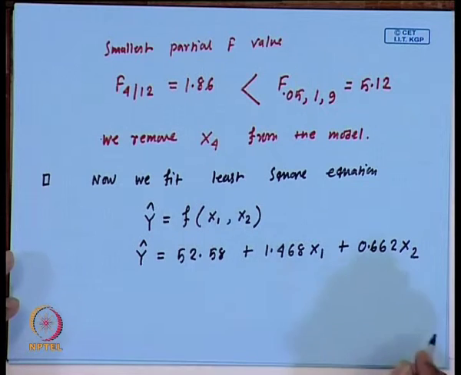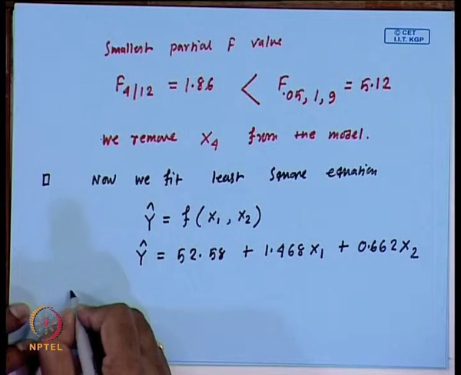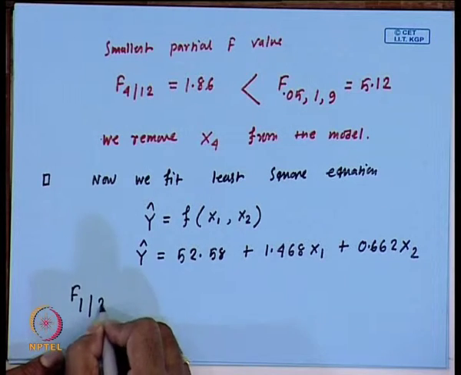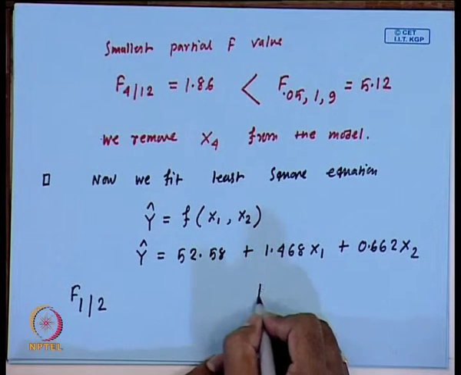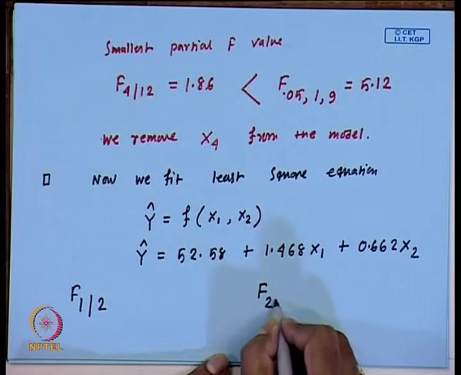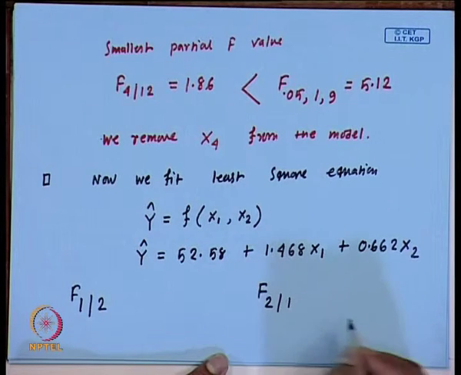So, we need to compute two partial f statistics. One is the partial f statistic associated with x 1 in the presence of x 2 and the other one is the partial f statistic associated with x 2 in the presence of x 1, right.